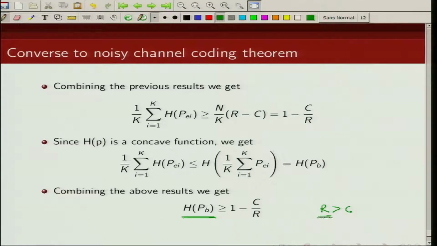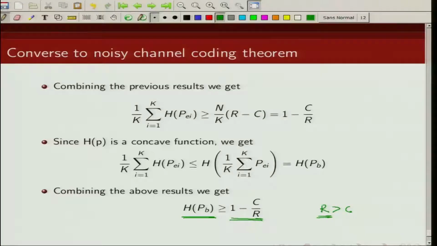So when R is greater than C, this is a non-zero quantity, and the probability of error cannot be 0. So if we try to transmit at a rate above capacity, our probability of error will be non-zero. This proves the converse of the noisy channel coding theorem.